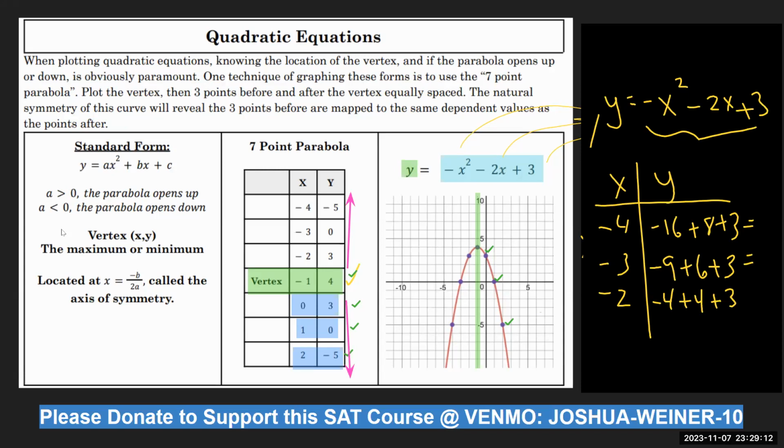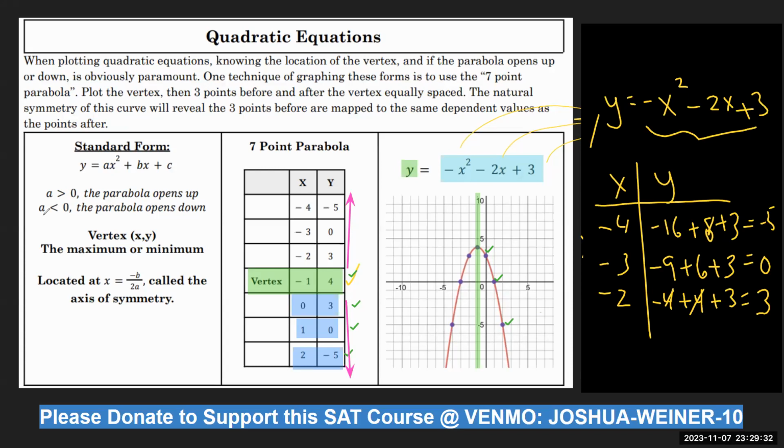Well, -16 plus 11 is -5. -9 plus 9 is 0. These cancel, we get 3. So lo and behold, we have the same 3 numbers in reverse order as we go away from the vertex. Check it out.